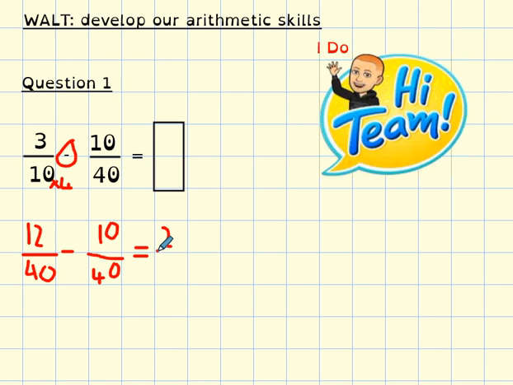And it gives me 2/20. Sorry, it doesn't. It gives me 2/40, which can be simplified, preempting myself a little bit there, into 1/20, because they're both divisible by 2. So question number 1 is a subtracting fractions question, as will yours be in a few moments' time.